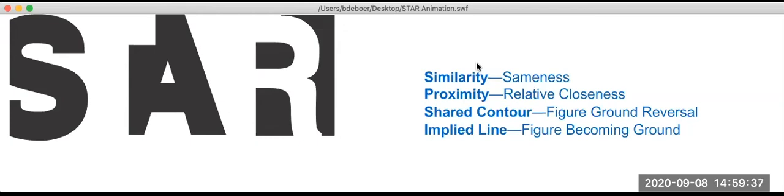So because these three letter forms or groups of black shapes came closer together, it starts to reveal some other things. So it seems like that chunk that's out of the top left-hand side of the A is part of another letter.